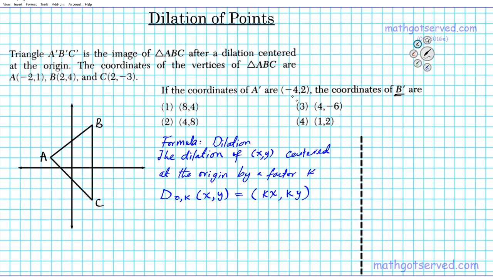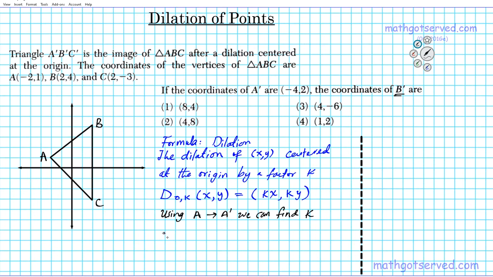We can use that dilation to find what k is. We're basically reverse engineering what the scale factor is. So using the dilation from A to A prime, we can find k, the scale factor.